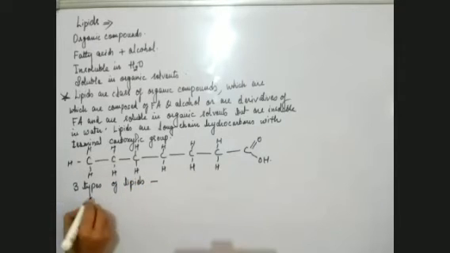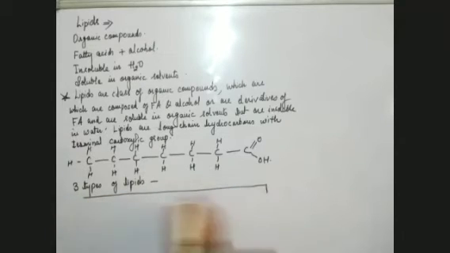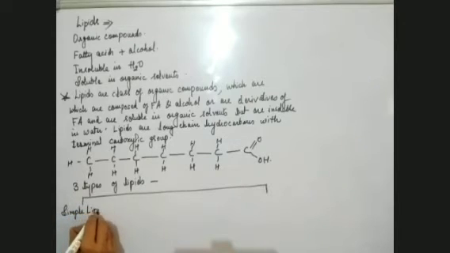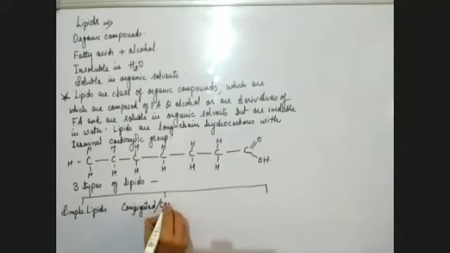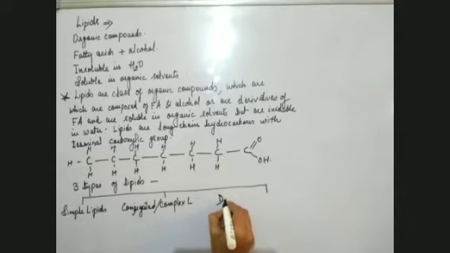Their names are: the first one is simple lipids, the second one is complex or conjugated lipids, and the third one is derived lipids.